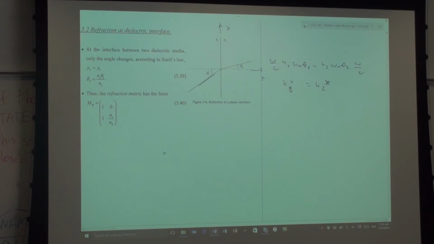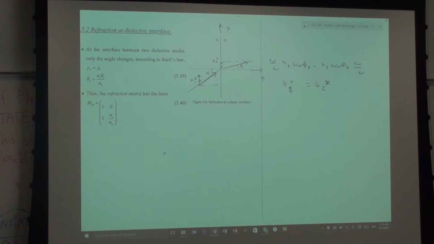Because my k vector is this, the k vector at k2 is this. The projection will be k2x, the projection here will be k1x. Snell's law says that these two should be equal, the in-plane, the tangential at the interface.